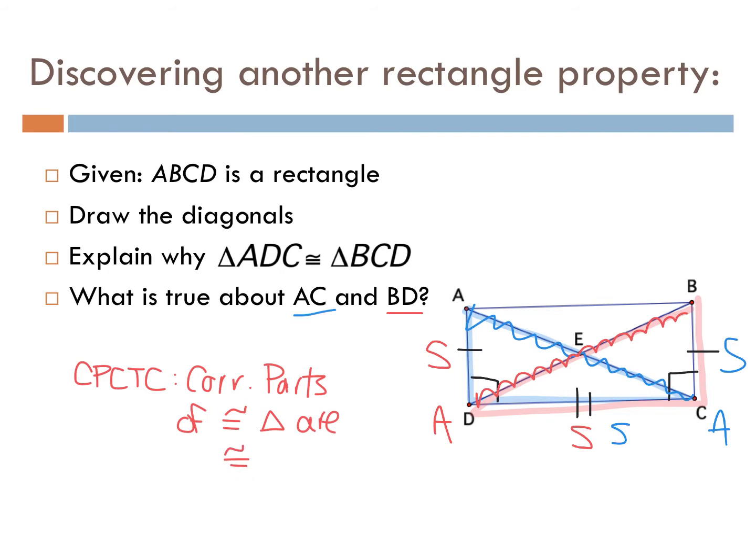So the ones that aren't listed as sides or angles, all of those are congruent. So I would know this top angle has to equal this top angle, and then what else am I missing? Oh, this bottom angle and this bottom angle, and then finally I would know that AC has to be congruent to BD because of CPCTC. Those 2 segments are congruent.